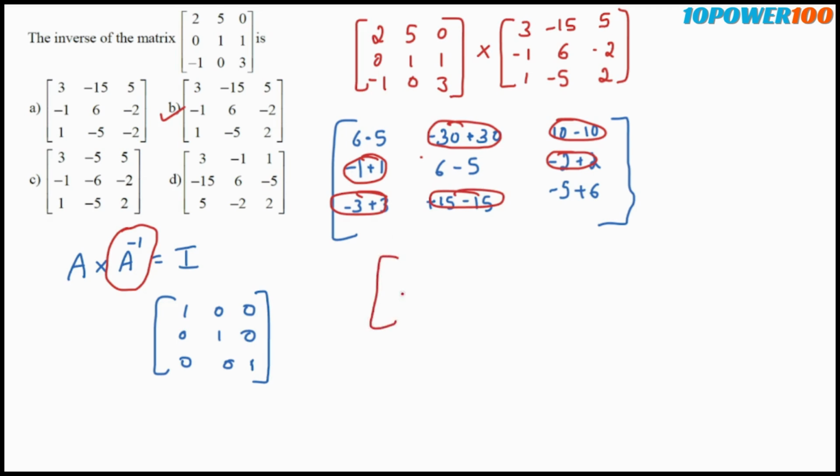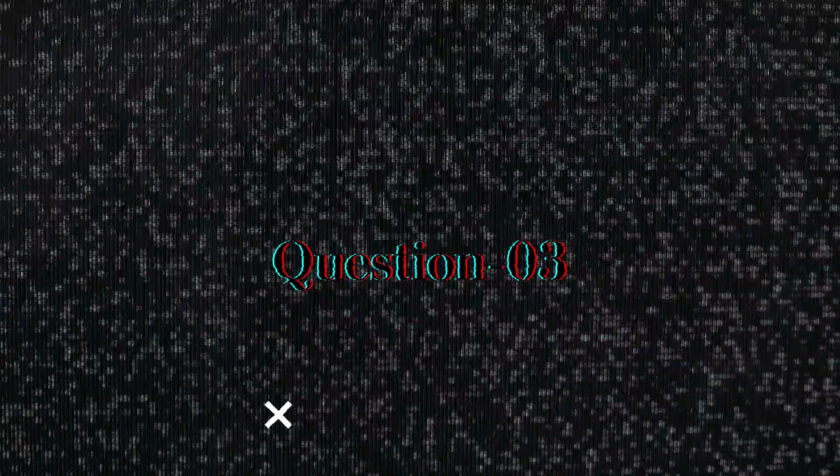We get 1 0 0, 0 1 0 and 0 0 1. That is the identity matrix. So this is how I want you all to choose the correct answer, especially when they ask you to find the A inverse. We can't find it by doing the procedure, so just go for this trial and error method and find the correct answer, children.